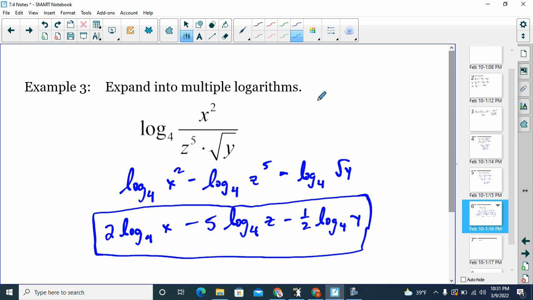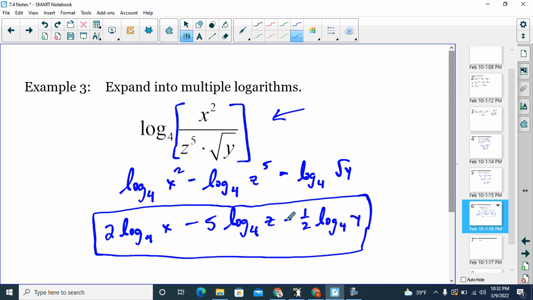Question often comes up, why in the world would we ever want to split it? We had one logarithm, now we have 3. Why would that be better than having the 1? The reason for that is there are some things, especially when you get to calculus, that would be very difficult to do with this function.